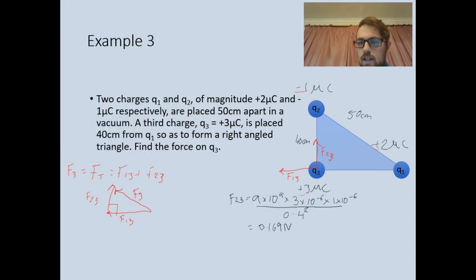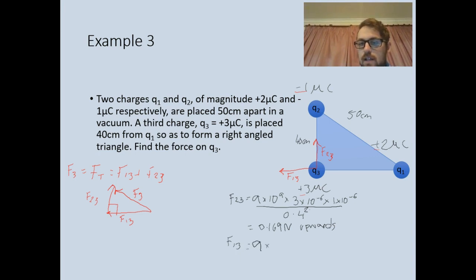So I've just substituted in to find the force on 3 caused by 2. Substitute in those values, you can have a look if you'd like, and we get 0.16 newtons, and this is upwards. Okay, so now I want to find the force on 3 caused by 1.